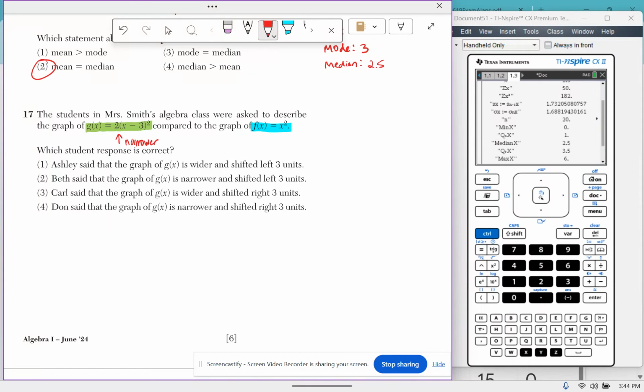Remember, if there's a fraction, it gets fatter or wider, whereas if there's a whole number out front, it gets narrower. The -3 inside of parentheses tells me that we're going right 3, and those are the only transformations that I see. So I'm looking for narrower and right 3. My answer is choice 4.